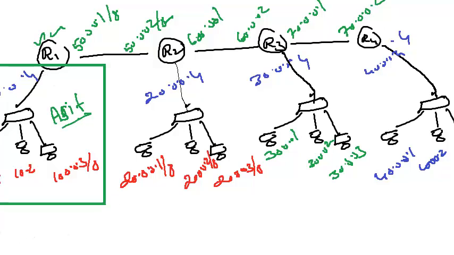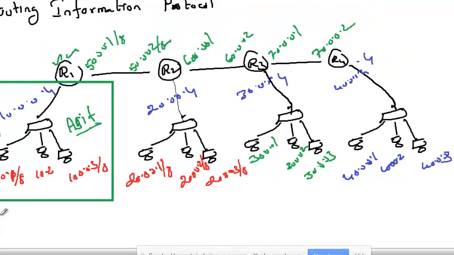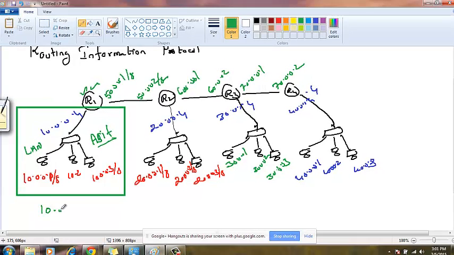So according to you, what networks do you know? Asif knows only two networks, that is the 10 network and the 50 network. You don't have any idea about the other networks in your office. Why? Because you don't control them. They are controlled by some other managers.